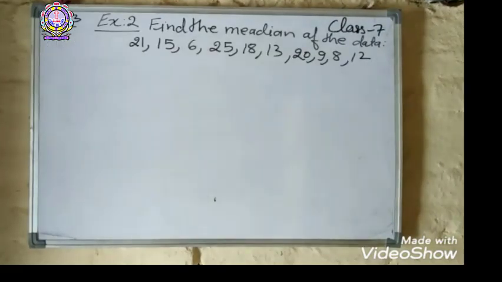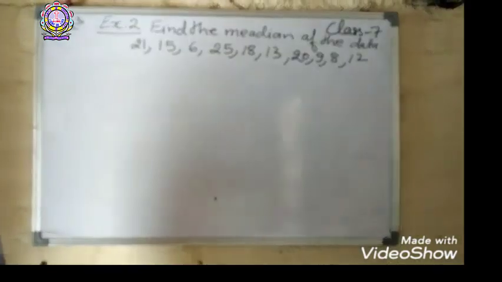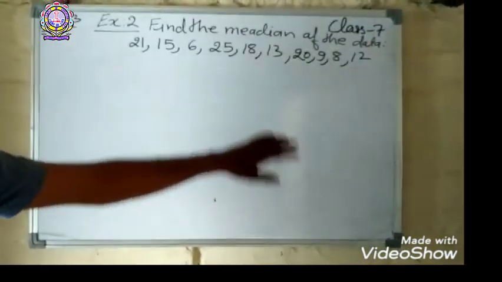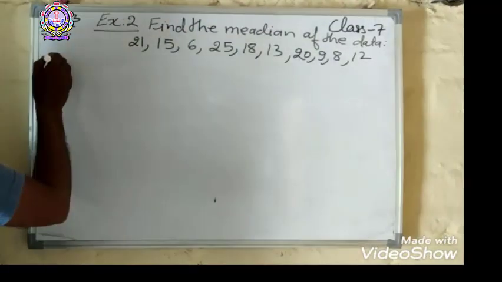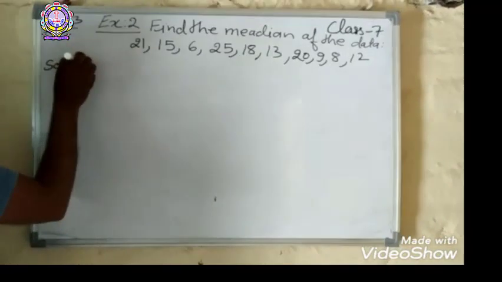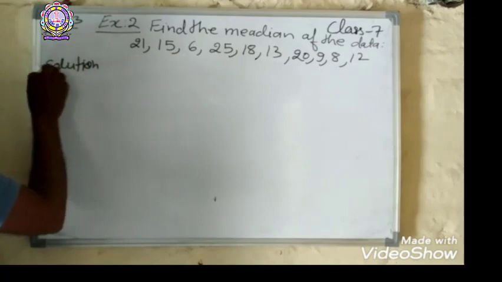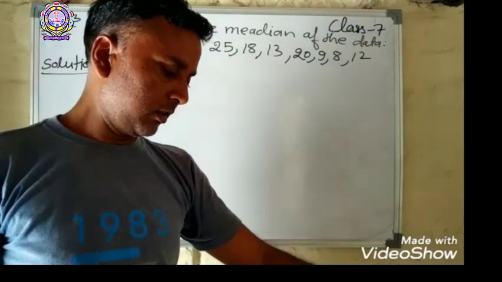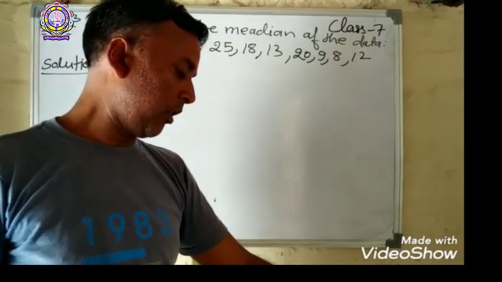Now what's the first example? Find the median of the data. Data is given. So, solution. What is the first step of the solution? The given data arranged in ascending order.